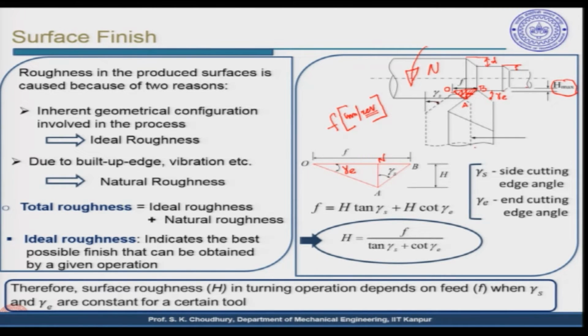From this triangle, what we can say is that the feed is equal to OB, and OB is equal to BN plus ON.